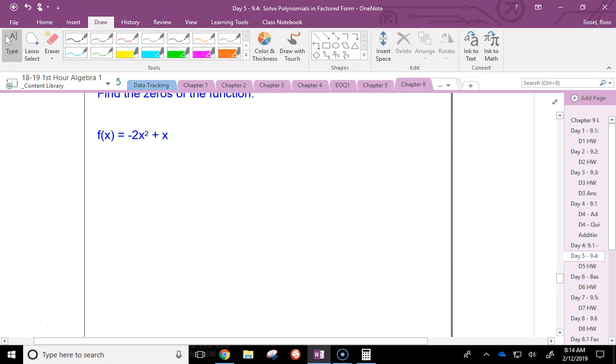To set this one up, I would write this equation again when it says the function of x equals, well, I'm going to be able to rewrite this just as the negative 2x squared plus x equals 0. Then you can do everything the same. First, find our greatest common factor, and then our zeros.